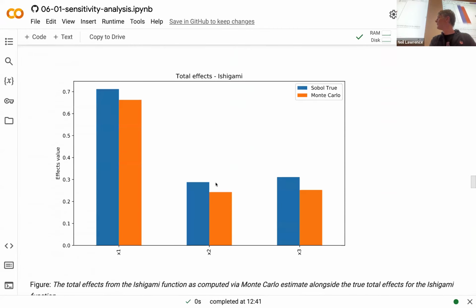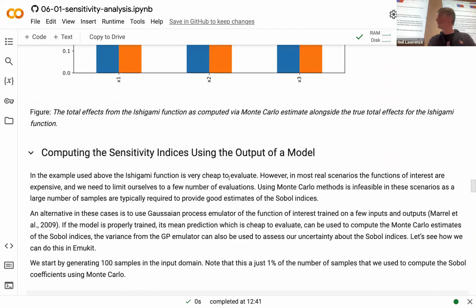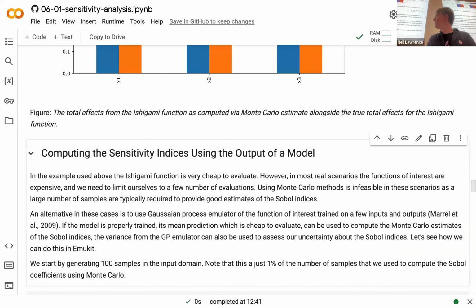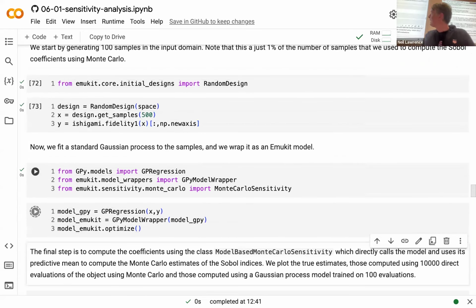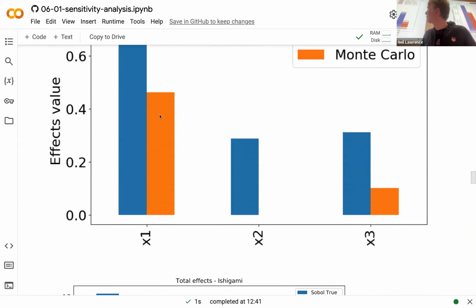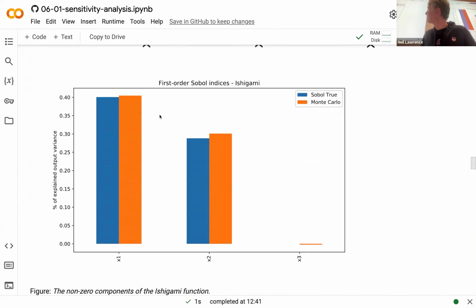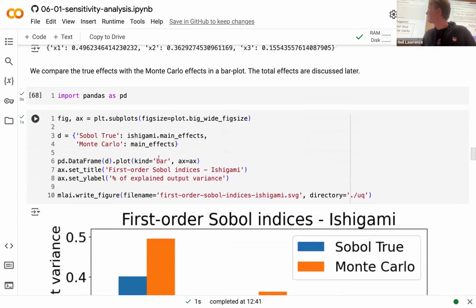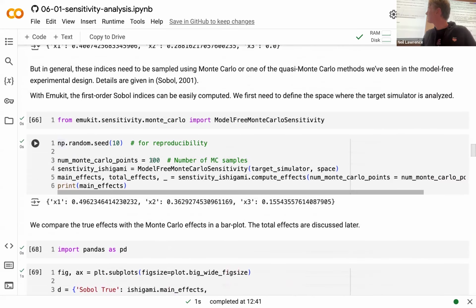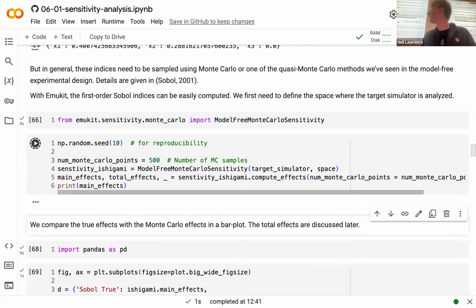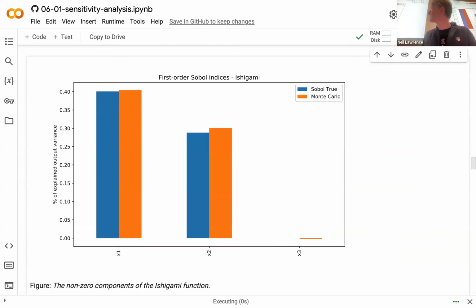Now, I can't remember how many we're using down below with the Gaussian process, but basically the idea is, so random design 500, okay, so it's 500 here, right? So let's see what happens if we put, and it may get upset because I've gone back in the order of execution, but let's put 500 in there and see what that gives us.